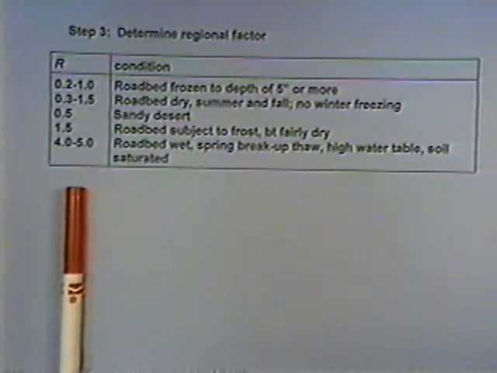Typically in the continental United States, the range of values you might expect is somewhere between 0.5 and 5.0. So those are the numbers that you see in that table there. We have a regional factor.